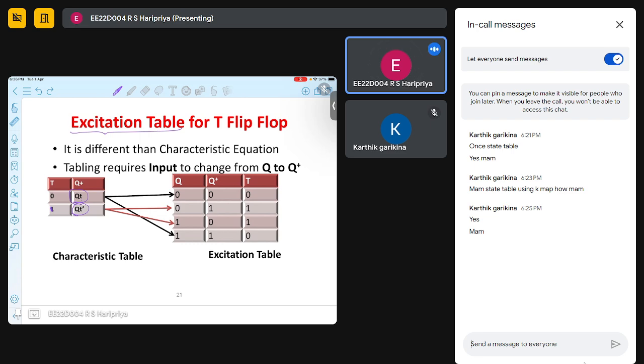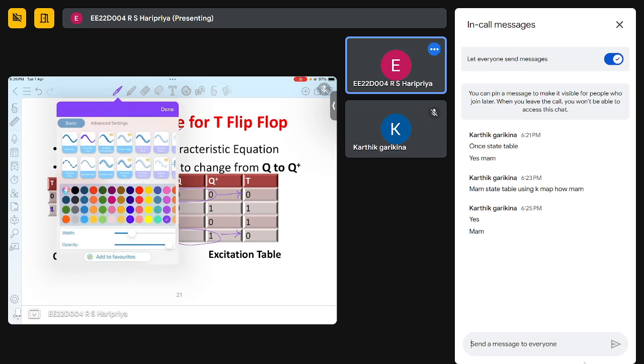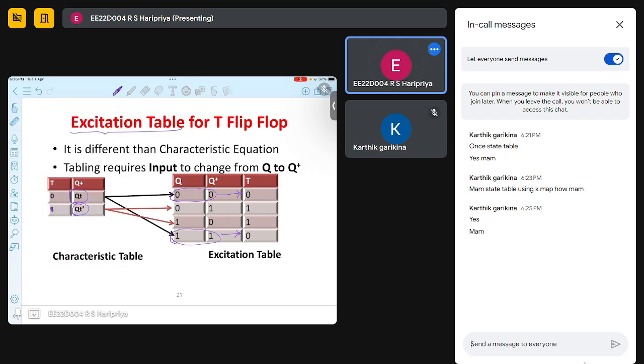So this is same and this is same. That means T is 0, and this place it is complement, so T is 1.